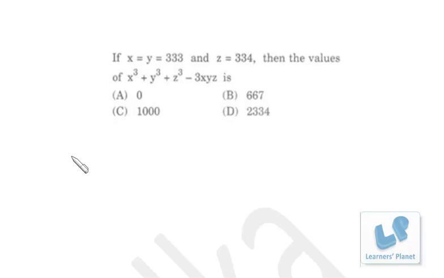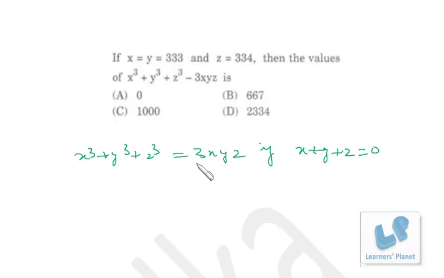See, we have discussed a formula: x cube plus y cube plus z cube is equal to 3xyz if x plus y plus z is 0, right? Now in this case, x plus y plus z is not 0, that means x cube plus y cube plus z cube will not be equal to 3xyz. Okay.